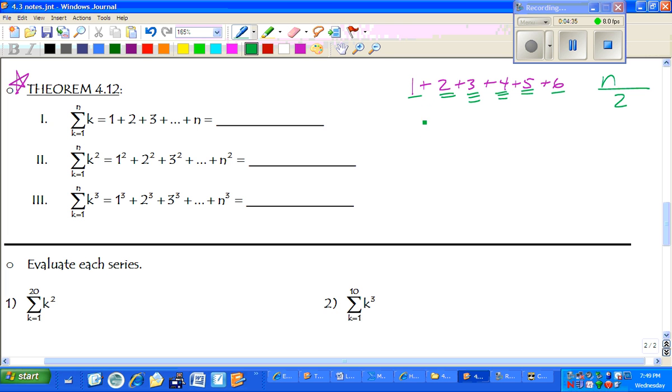Then we have to multiply that by the first term plus the last term. Or we can write it as n plus 1, right? n being our last term plus our first term. So our formula for this, when we just have k, is n times n plus 1 all over 2.